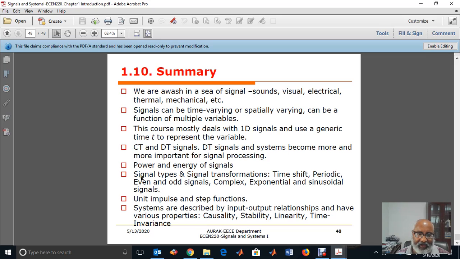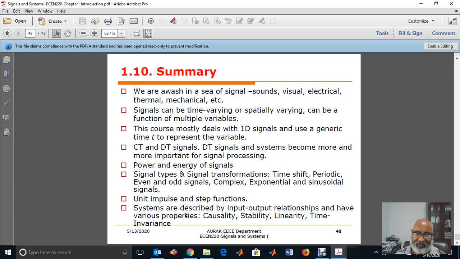And we have seen different kinds of signals: periodic signals, complex exponential signals, sinusoidal signals, even signals, odd signals, harmonic signals, and so on. And very important, we studied unit impulse signals and unit step signals, which are very important for the next chapter, for example, unit impulse, because it will tell us the impulse response of the system. And we studied the properties of systems.